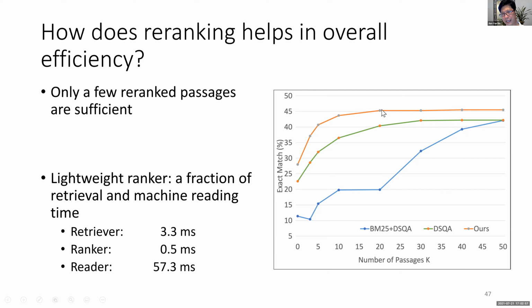This means that we don't have to submit a large number of passages to the reader to obtain very good results. So the increase with the top ranked passages here is very large compared to other systems. This one is DSQA with a different ranker, and this one is something that does not use a ranking. So it is only the BM25 ranking, and then we use a reader to get the results. Okay, so that's the final observation.